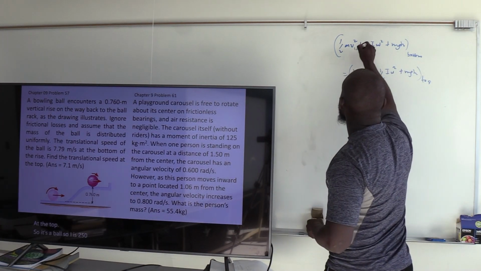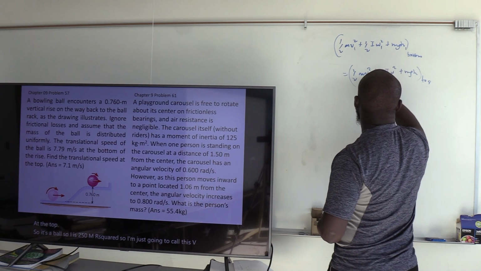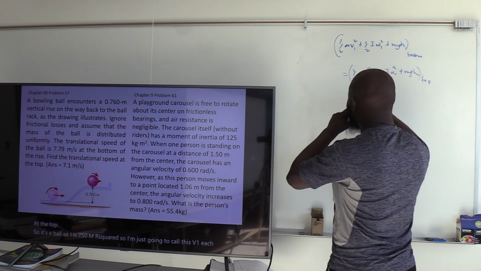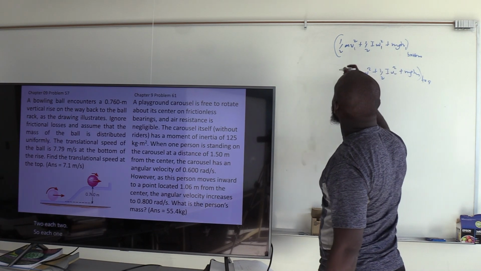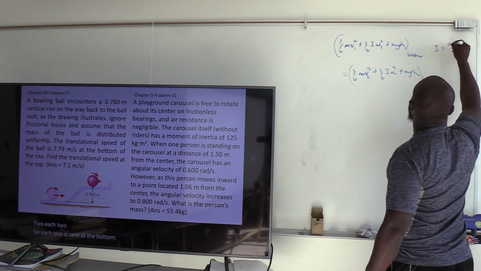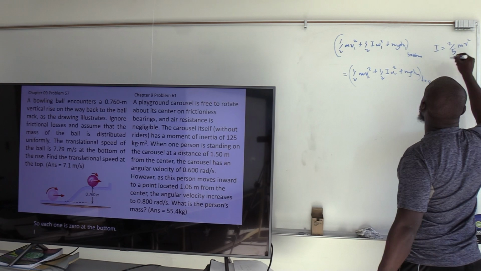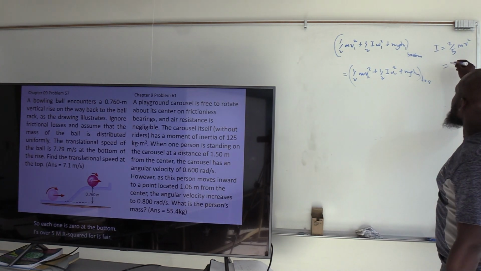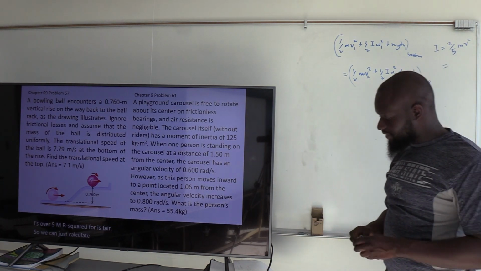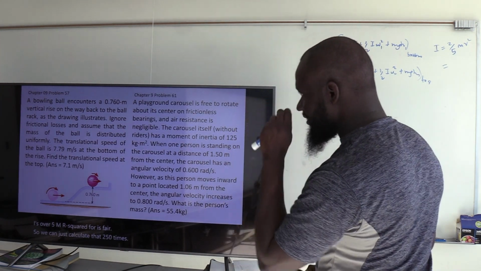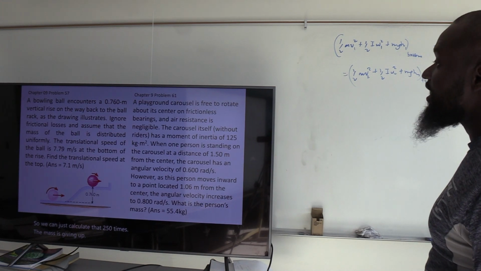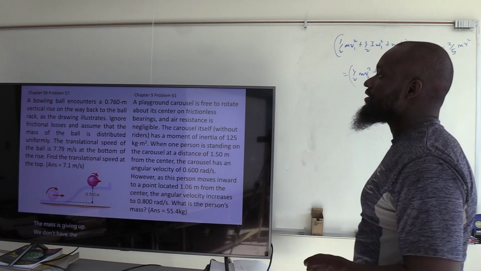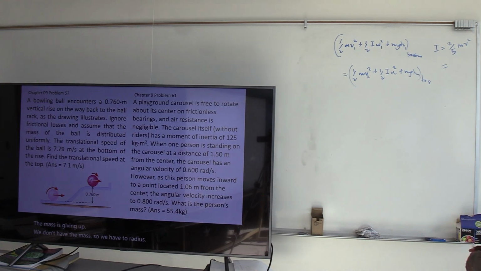So I'm just going to call this V1, omega 1, H1, V2, omega 2, H2. Okay. So H1 is 0 at the bottom. I is 2 over 5 mr squared for a sphere. So we can just calculate that. 2/5 times the mass is given, oh, we don't have the mass, so we only have the radius. And right, so we're just going to put that there.